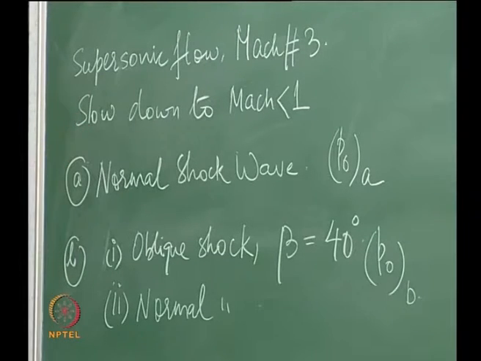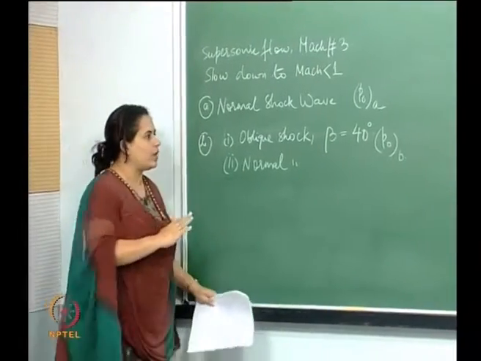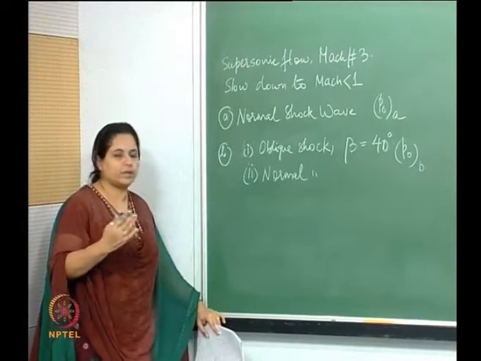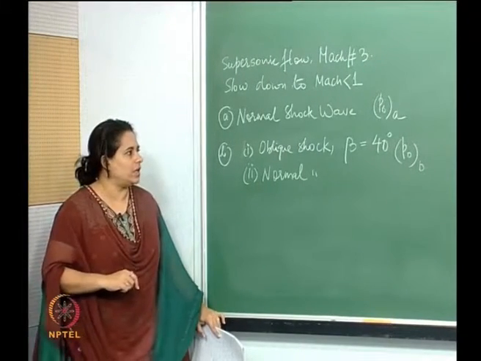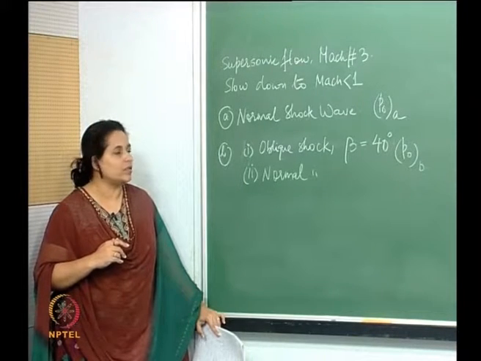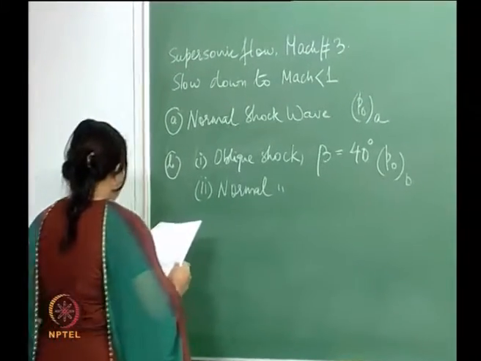So what we will do here is just do the problem first, which by this time should not be a problem. But what we'll look at is the physical aspect of it. Okay, so let us do this.